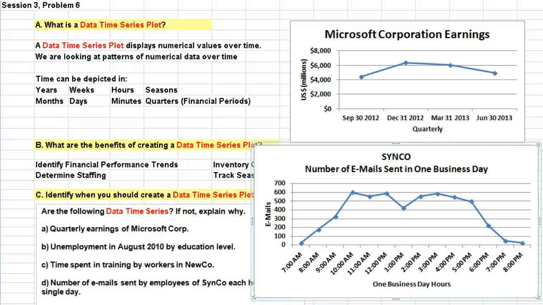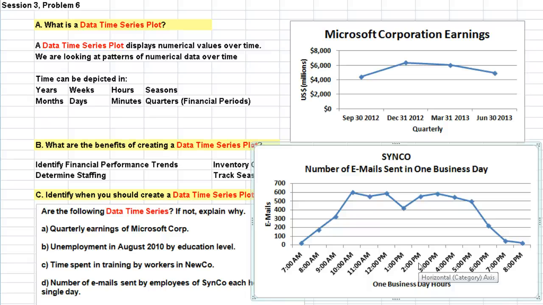And we can see that at 7 a.m. no one sent any emails, and by the time we get to 10 a.m., that's when the highest number of emails are sent. So as you can see, it's pretty consistent, goes down a little bit at lunch, goes back up, and by 8 o'clock nobody's sending any emails. So we get an idea for that particular day how many emails are being sent by our employees.